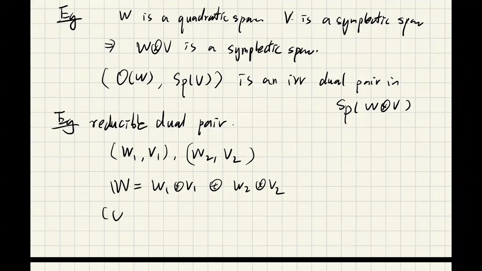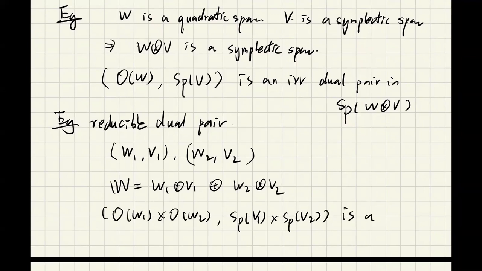Then O(W1) cross O(W2) and Sp(V1) cross Sp(V2) is a reducible dual pair in Sp(W). Okay, so this is a typical example.